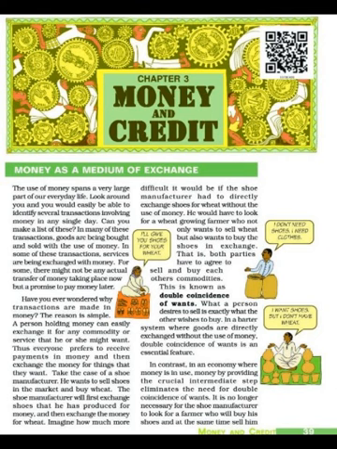So whatever loans we take from the financial institution, that is the bank, that is known as credit. And money is a current medium of exchange in the form of our currency notes and coins. All this is money.